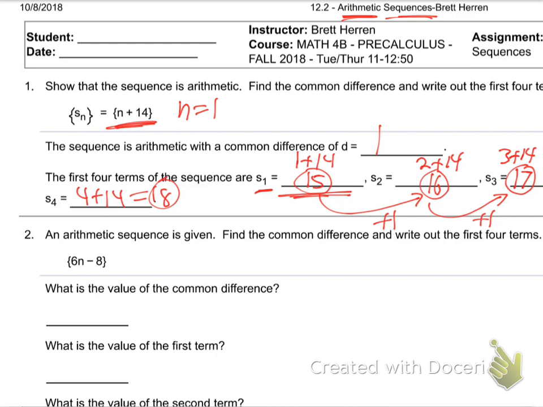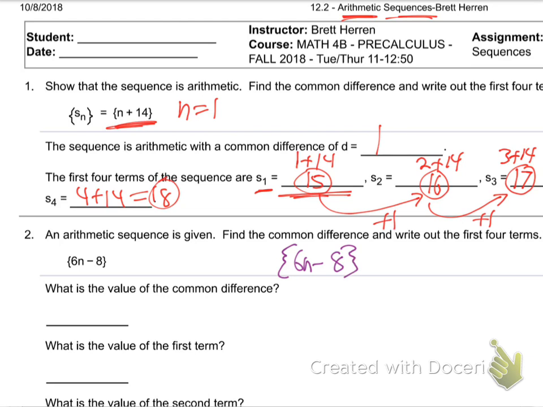All right, want to try number 2 there? Same kind of thing. Number 2 is giving you a new formula, 6n minus 8. It wants you to find the first term, second term, third term, and then find the common difference. D equals 6.